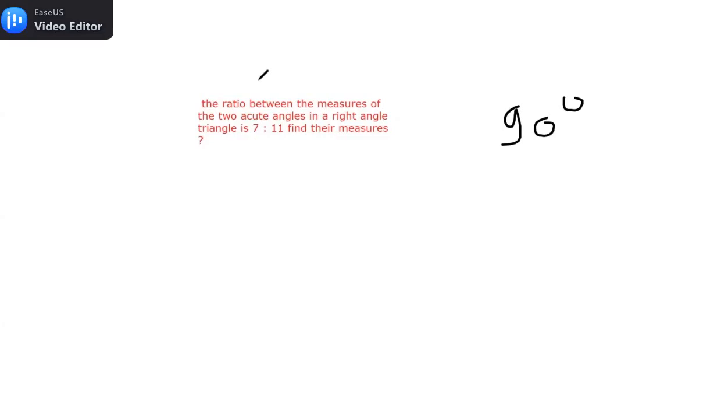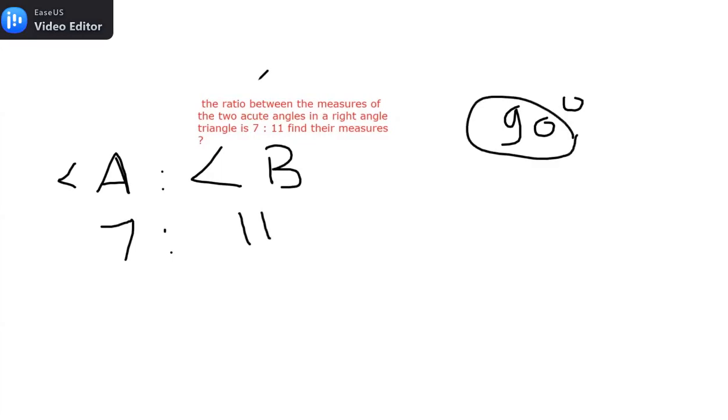Let's call them angle A to angle B, 7 to 11. And we have here the number 90. Does it belong to angle A, or to angle B, or to the two angles together?